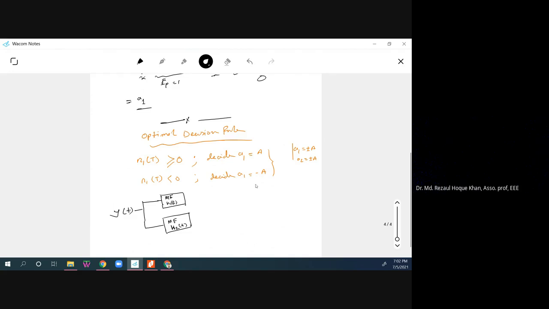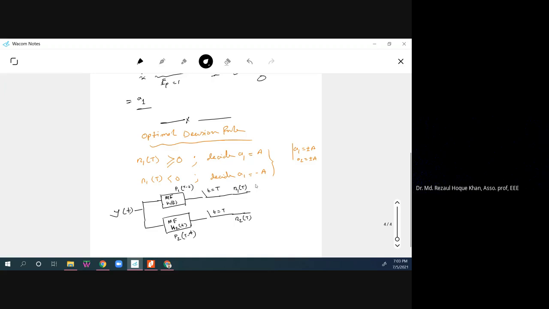Of course, it passes through this matched filter, where p1 equals a function of T and p2 equals a function of T. Then this goes to the sampler at sampling time capital T, and then the received signal R1(T), and the received signal here will be R2(T).